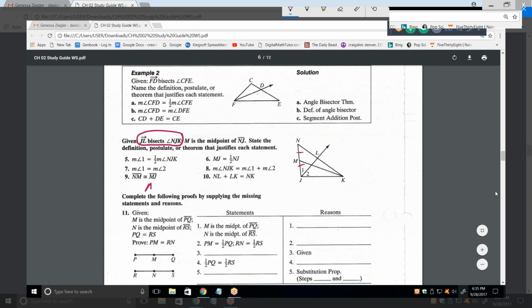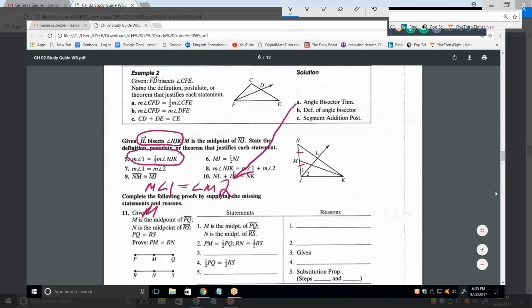Because if I say the measurement of angle 1 equals the measurement of angle 2 based on the angle bisector theorem, now if I divide, now it's not division. How do we end up with the measurement of 1 equals half the measurement of 2?